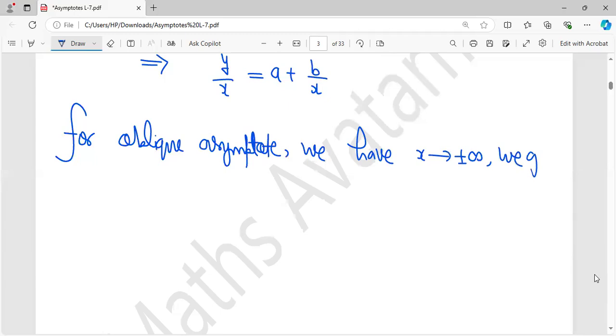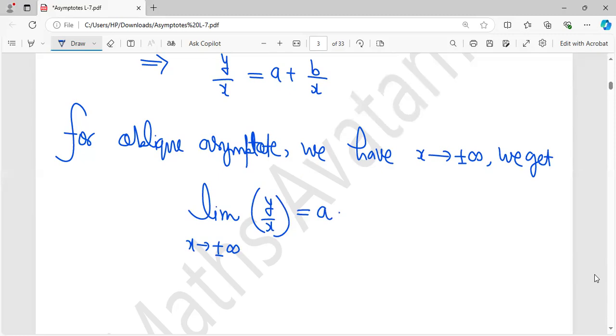So we get the limit as x tends to plus or minus infinity of y/x converging to a. So when x tends to plus or minus infinity, y/x tends to a.